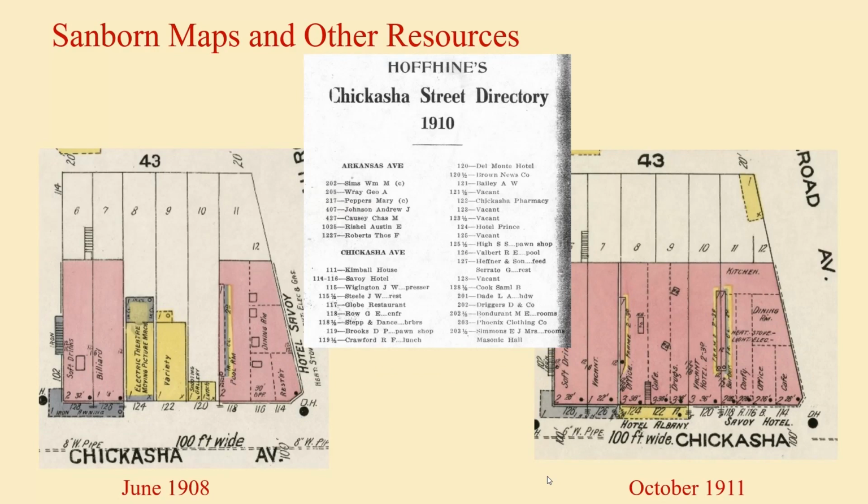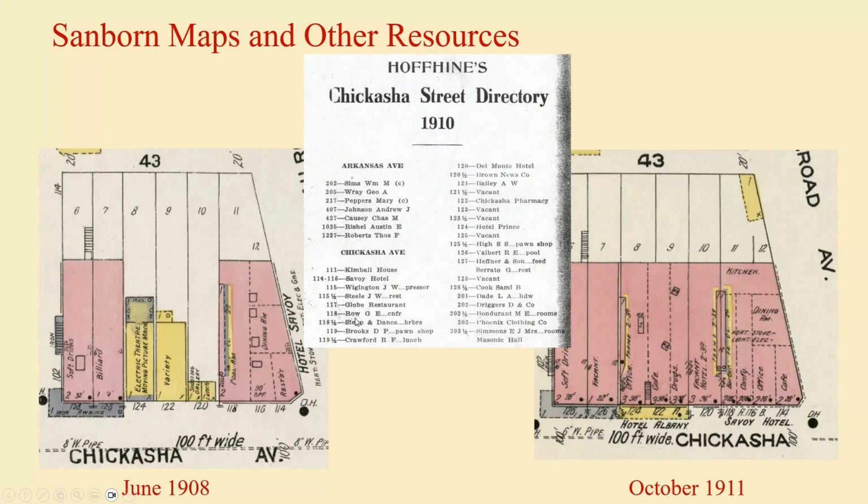We can also coordinate these photos with city directories. Here's this 1910 city directory. We have Sanborn maps from 1908 and 1911. We can take a look at that on Chickasha Avenue. On the even number side of the street, we have 114, 116 Savoy Hotel. That agrees with the Sanborn map.